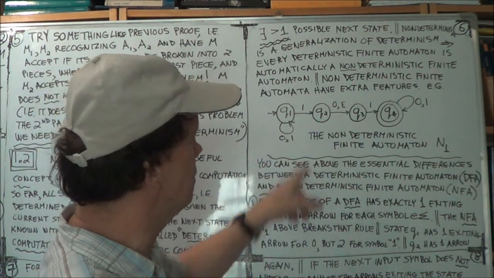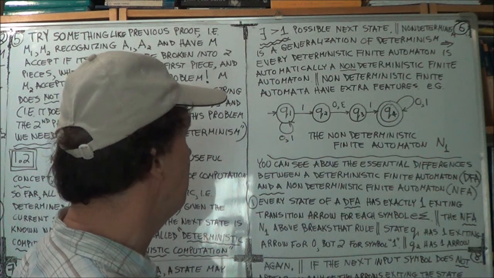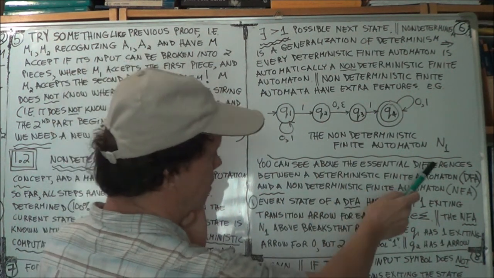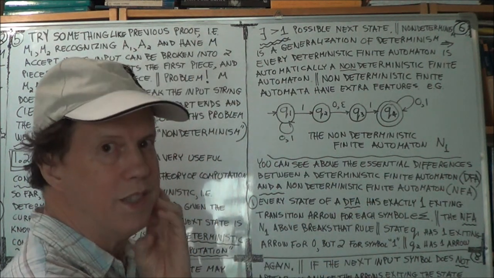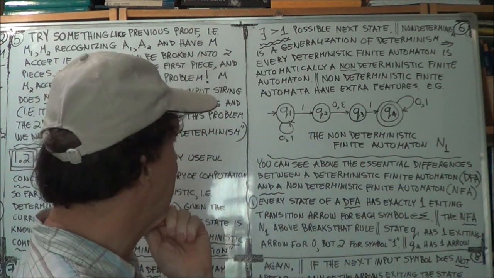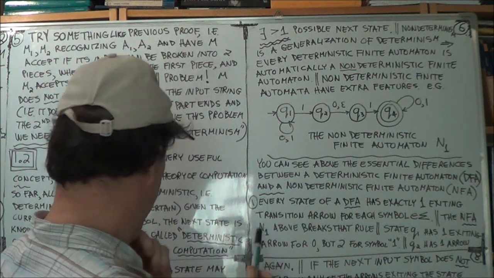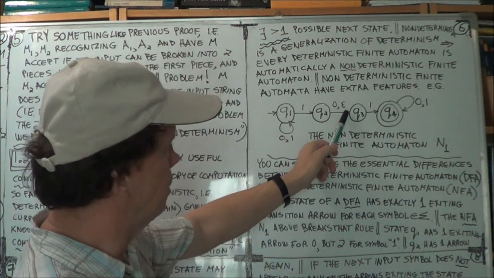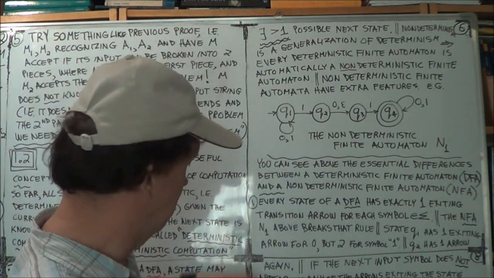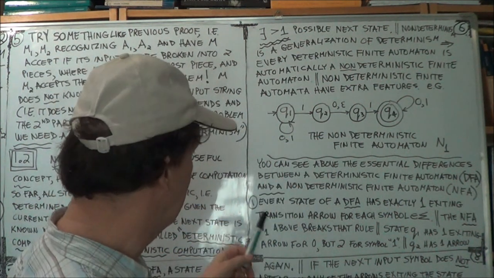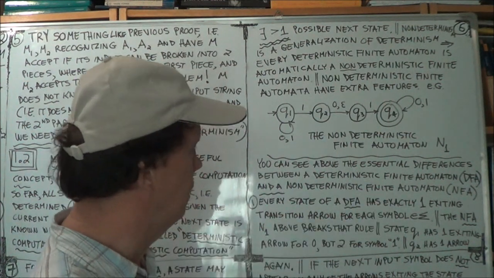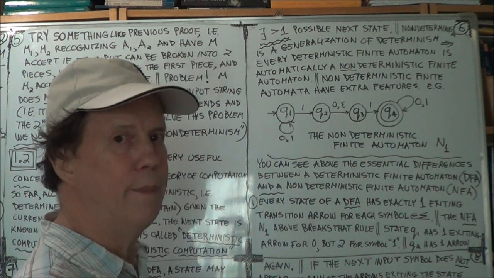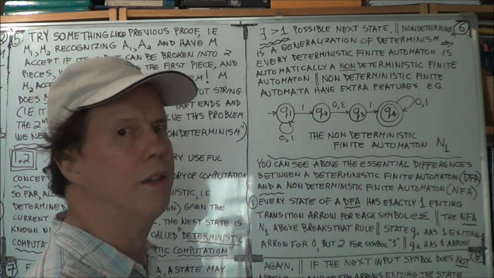There are at least two differences. Just by inspection, you can see there are some essential differences between a DFA and an NFA. I'll explain the eta probably more in the next session, but let's start talking about the differences now.